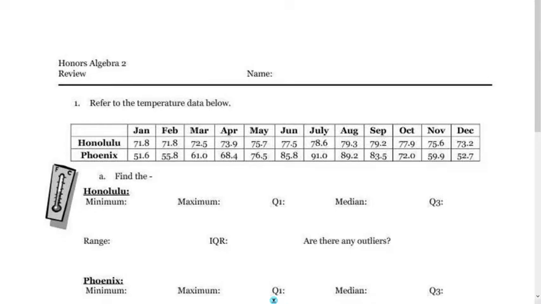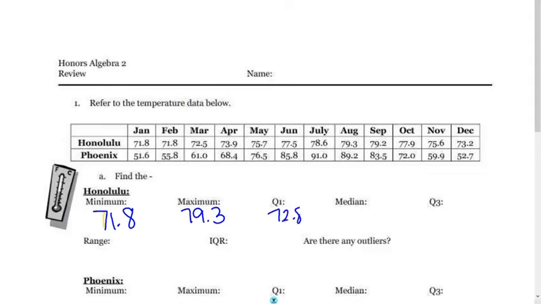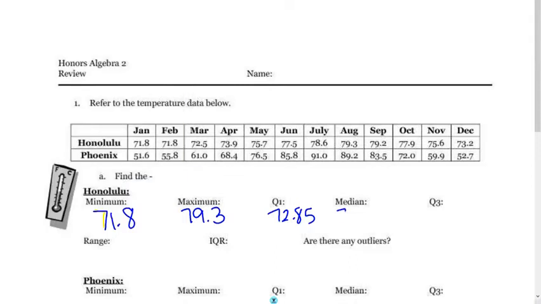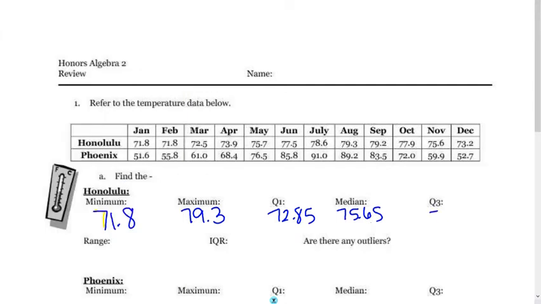Oops, I don't have the pen up. The max was 79.3. Reading these off my calculator, like Q1 is right there, 72.85. The median is right there, 75.65. And Q3, 78.25.